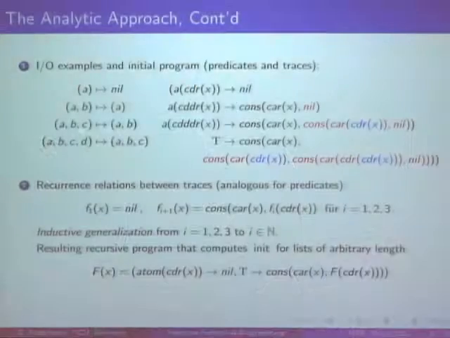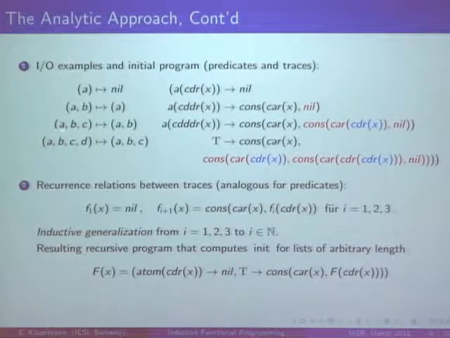Is this the property of the specific constructs that you have, like car, cons, cdr, or is it a property of the nice examples you have chosen in which there is no repetition in the elements? It's both. It's based on the restriction to the primitives, and another restriction is that we cannot have the same element twice in the input list, because then again we would have non-unique traces.